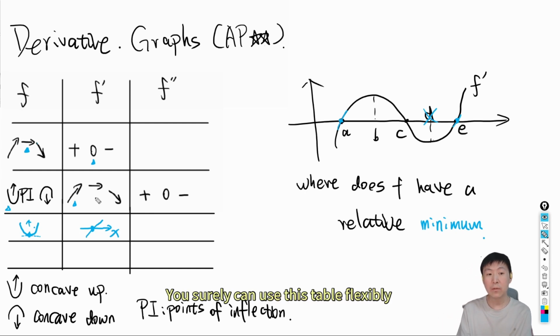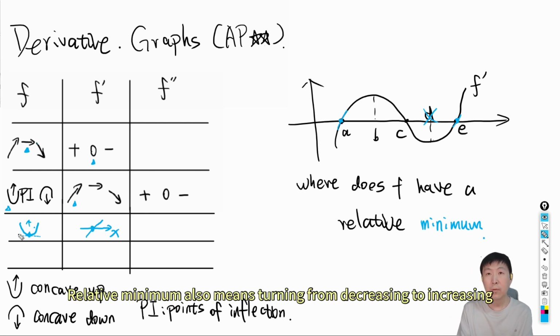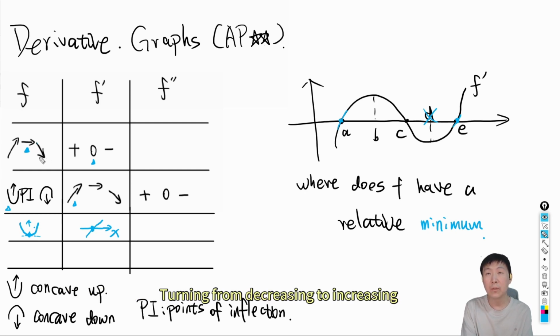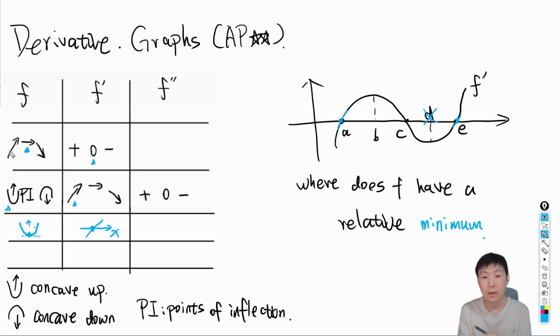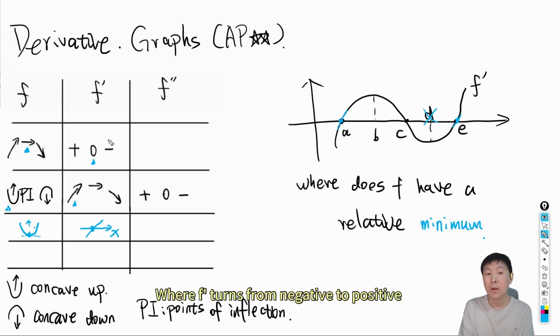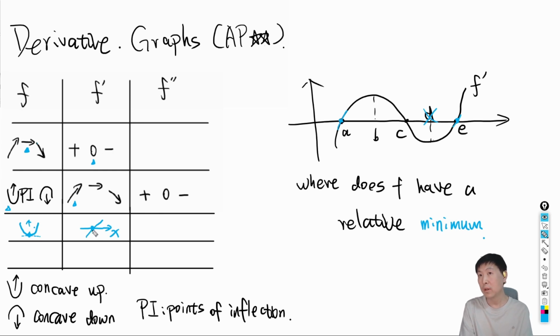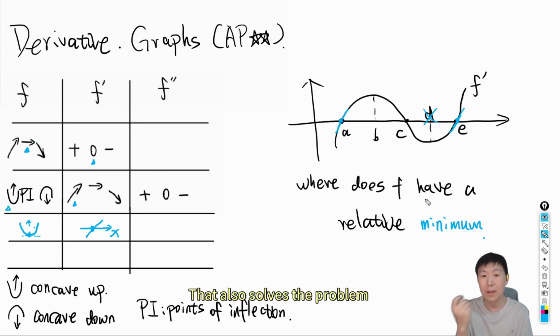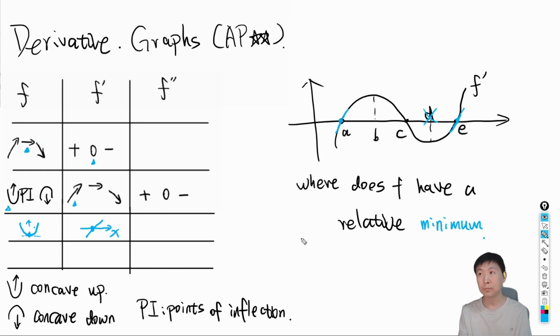You can surely use this table flexibly. Relative minimum also means turning from decreasing to increasing. So I'll look for the point where f prime turns from negative to positive. That also solves the problem.